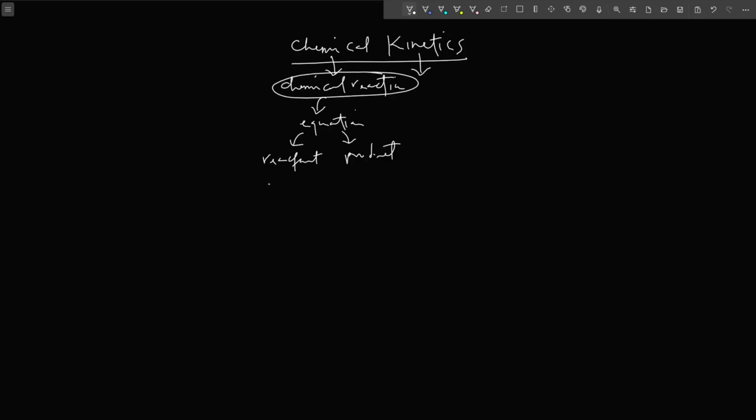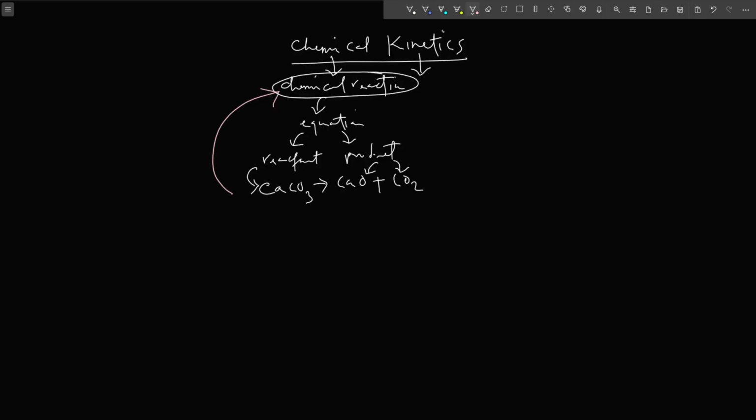Take for example the thermal decomposition of limestone, CaCO3 to produce CaO and CO2. In this reaction, CaCO3 is the reactant, while CaO and CO2 are both the products. So hence, the thermal decomposition of limestone is regarded as a chemical reaction.